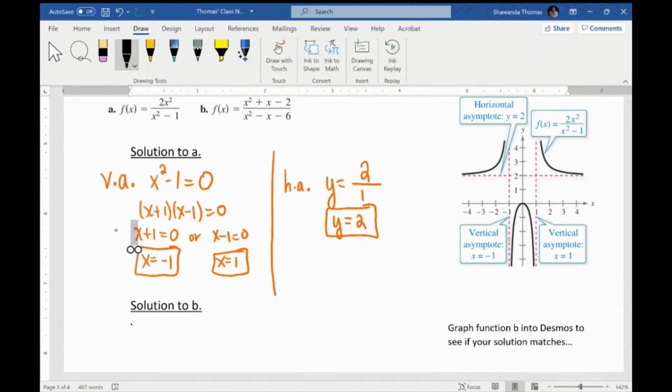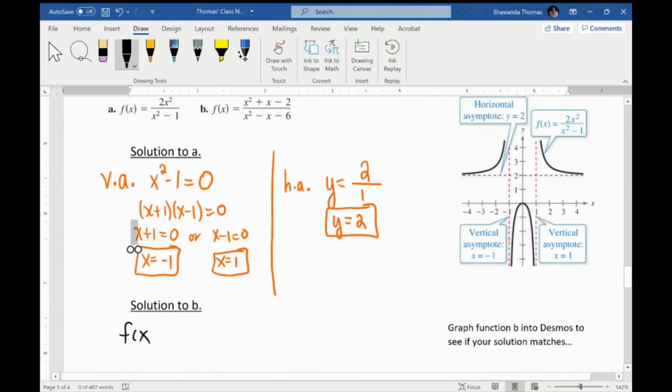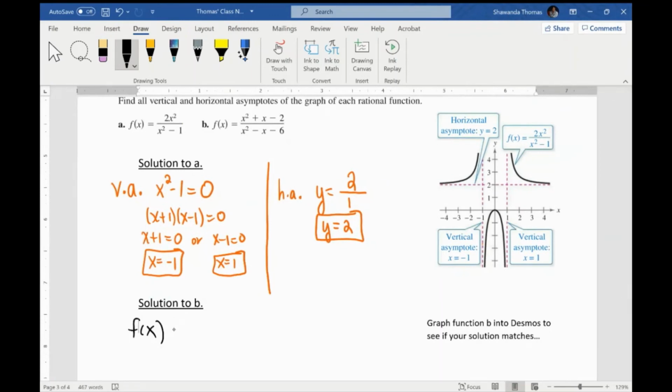So we have f of x equals, tell me what are the factors for x squared plus x minus 2? x plus 2, x minus 1. Over, what about x squared minus x minus 6?